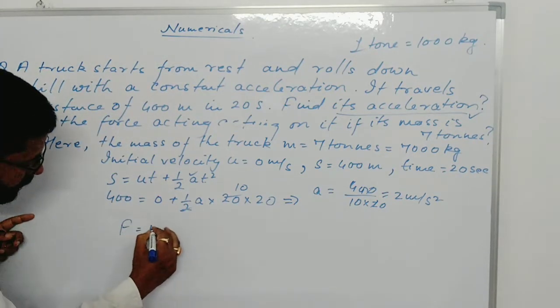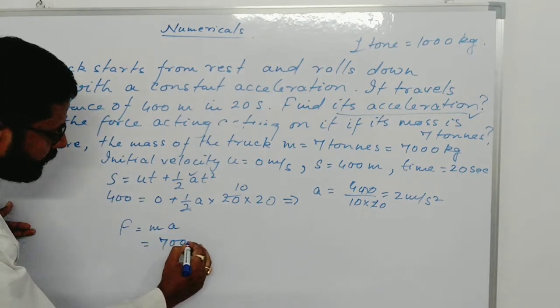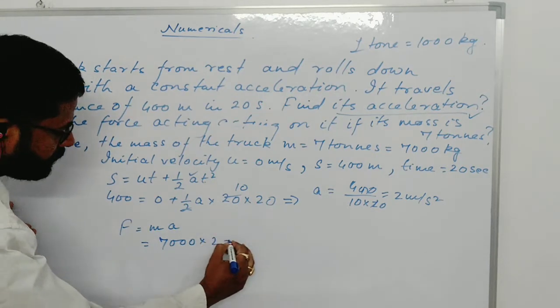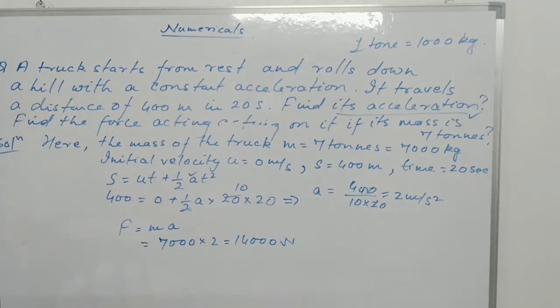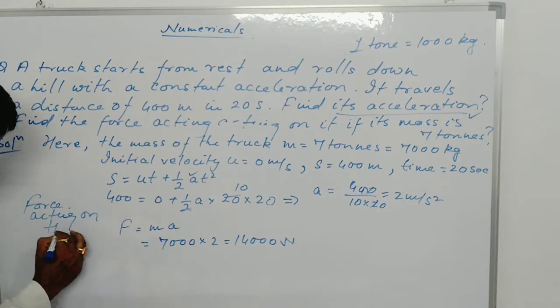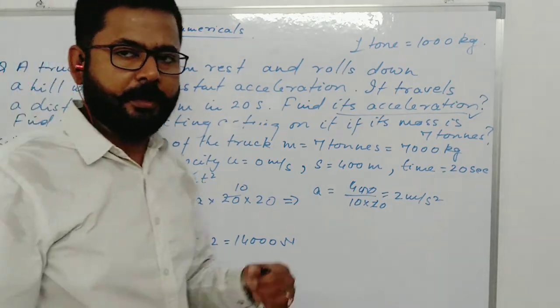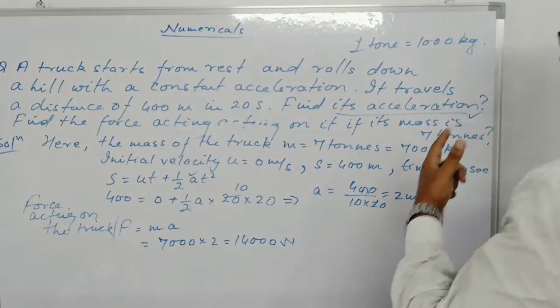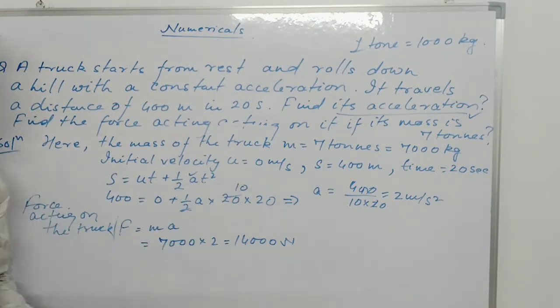So F is equal to m into a, and the mass of the truck is 7000 kg into acceleration 2 meter per second square, so it will become 14,000 Newton.